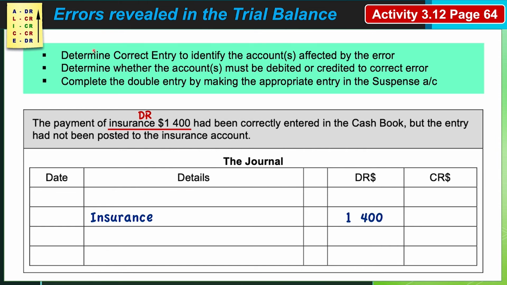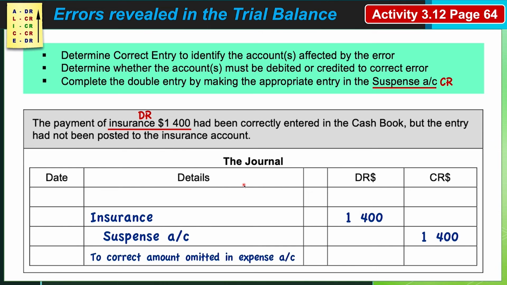The other account must be the suspense because no error was made in the cash book. So suspense account will just be credited, because it was debited before. So now we have to take it out, credited. And if they ask you for a narrative: to correct the amount omitted in the expense account.